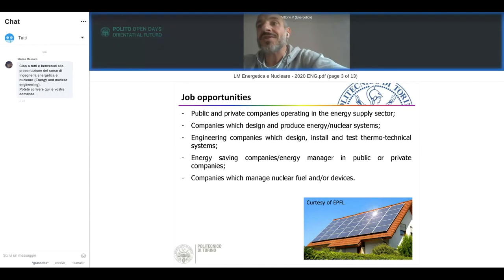Or the energy saving companies, the so-called ESCO, or the activities related with energy management in highly energy consuming companies. And finally, companies managing nuclear fuel or nuclear devices. So you see that the spectrum is quite wide.